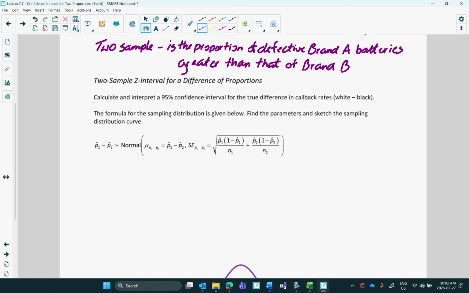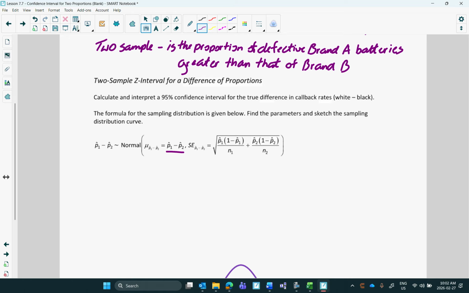Remember when we did a single sample, it was just p hat. And then for the standard error, it was p hat times 1 minus p hat over n, and take the square root. Well, now because we're dealing with two, the point estimate is going to be the difference between the two.